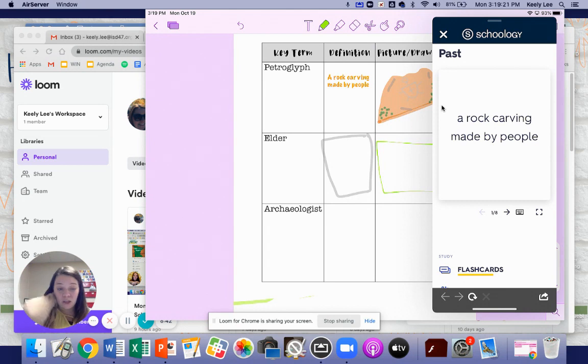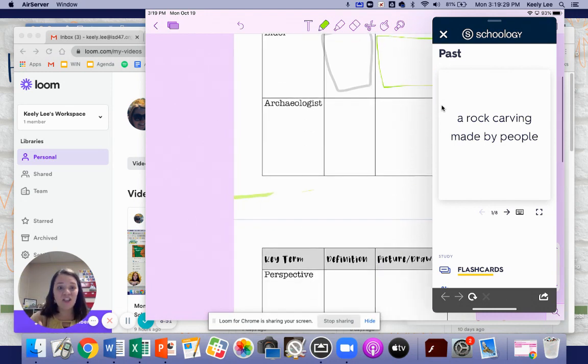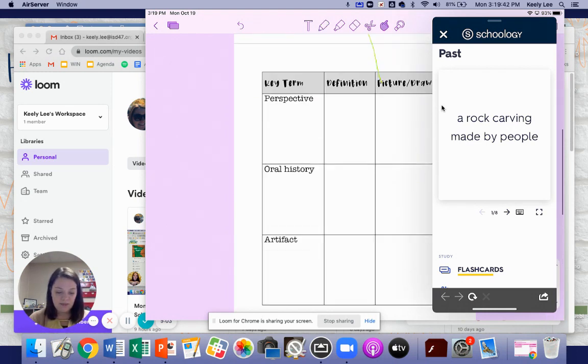I think of like an elder, right? You're going to want to have someone who is clearly older, and then somehow showing respect for that person. An archaeologist might be at a dig somewhere, right, with different digging tools around him, maybe holding a shovel. Oh my goodness. Let's do this, Miss Lee. And then we're going to do perspective, oral history, and artifact.